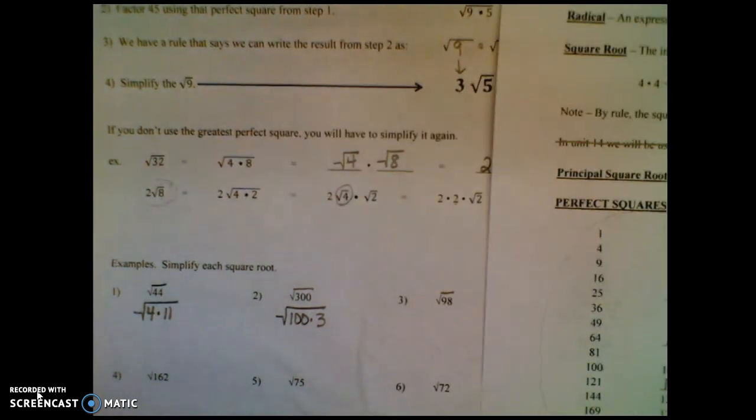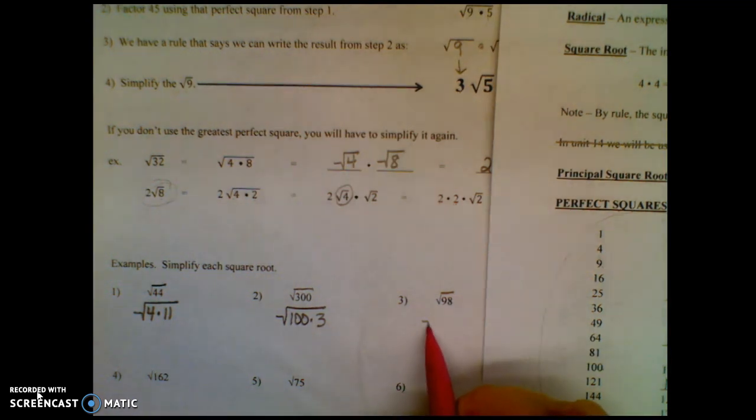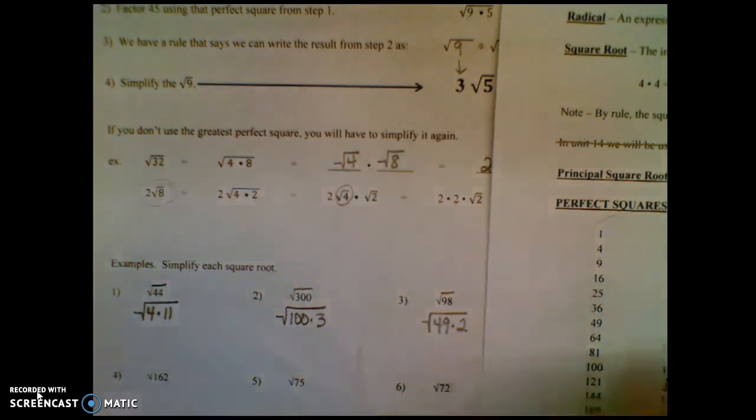98. Well, 98 is divisible by 49. So this is 49 times 2, and 49 is on our list. And you can use your calculator to try to figure out which perfect square actually multiplies to be the root you're looking for, if you can't recognize it automatically.